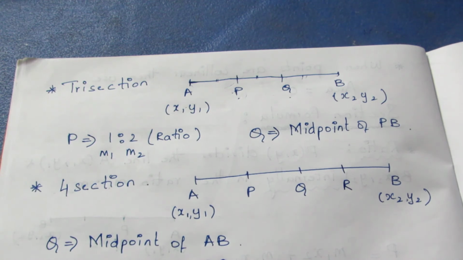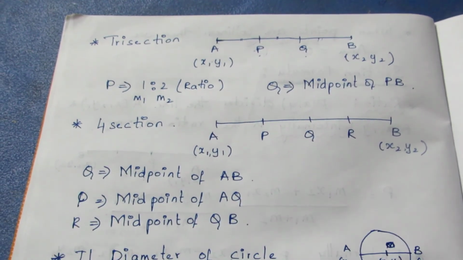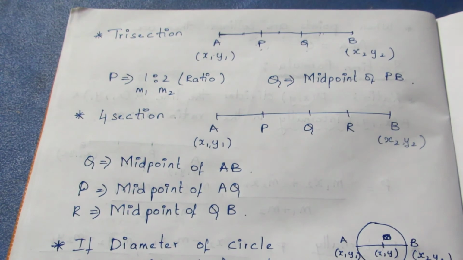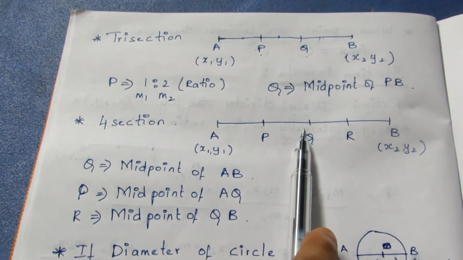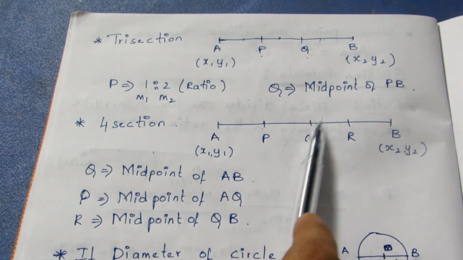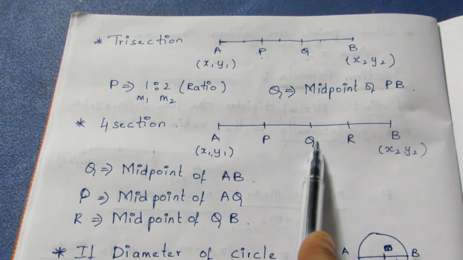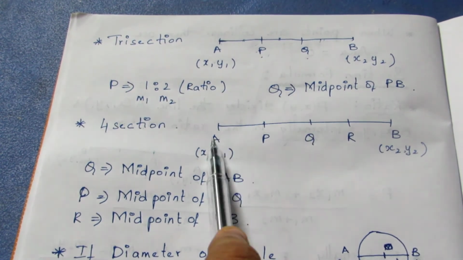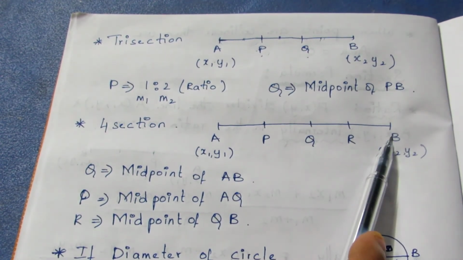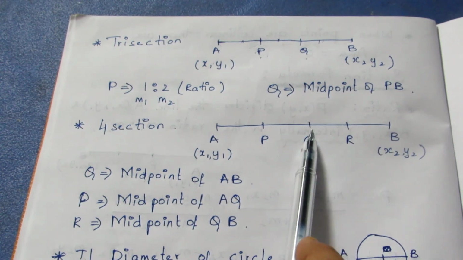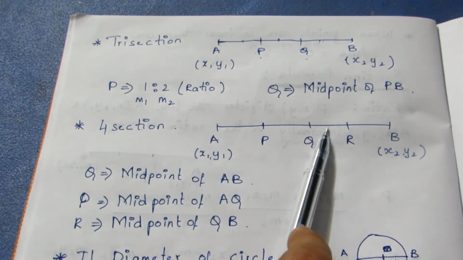Now, if it is a 4 section, not a 3, if a line is divided into 4 parts, we know that for Q, there are two parts in the front and two at the back, so it is equally divided. That means Q will be the midpoint of A and B. So instead of the ratio formula, using the midpoint formula will be very easy.